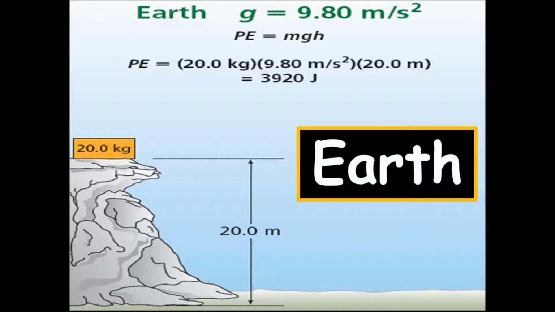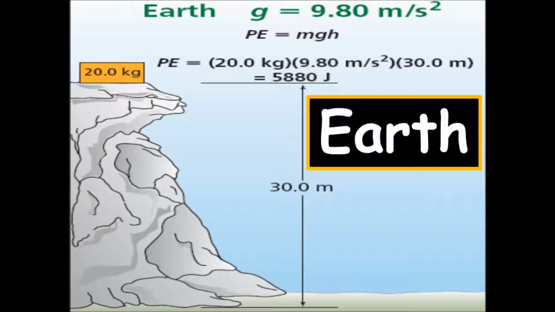So in this case, 20 kilograms times 9.8 times 20 is 3,920. So if 20 kilograms falls 20 meters on Earth, that's the change. On Earth, I have 20 kilograms times 30 meters.